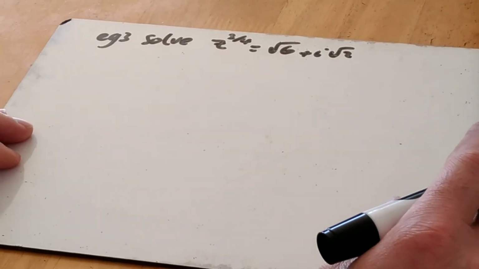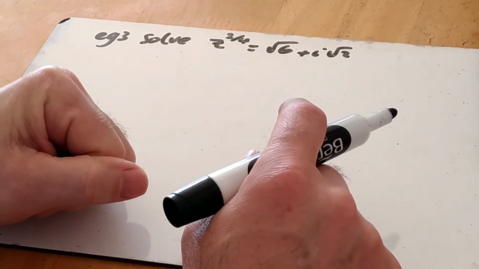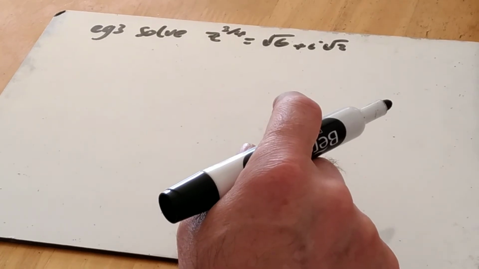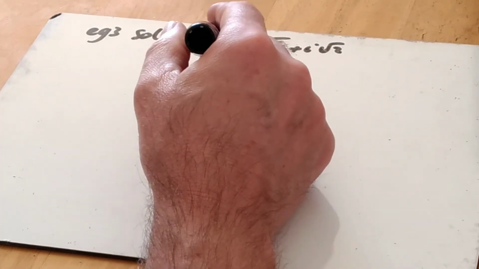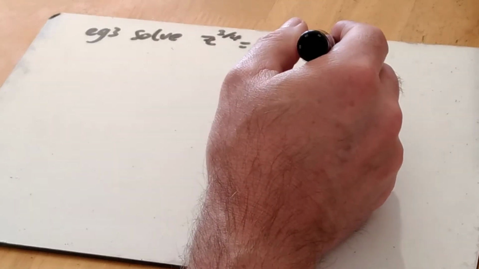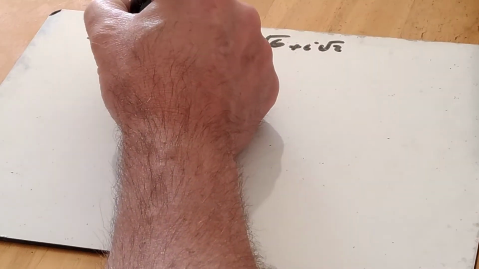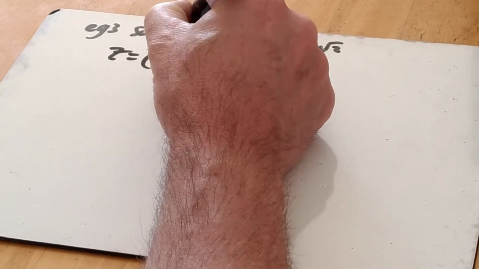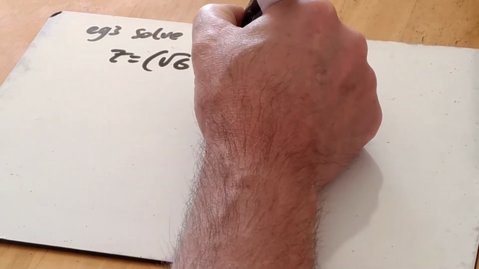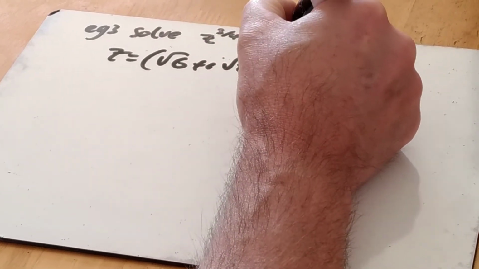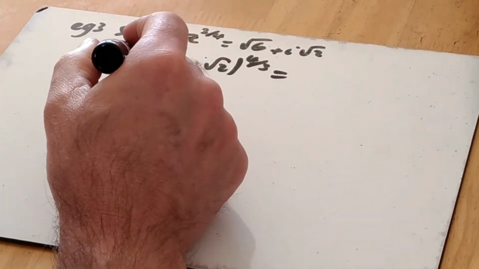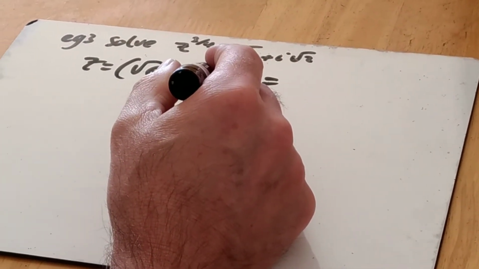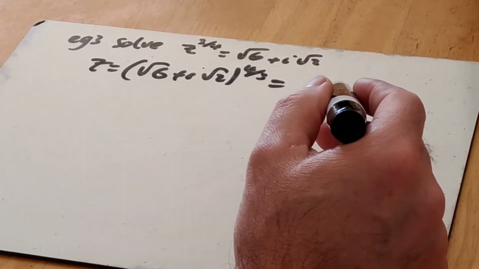We can also deal with fractional powers, so not just 1/3, 1/4, but we can solve equations like this. So z to the power 3/4 equals this thing here, so z will equal whatever root 6 plus i root 2 is to the power 4/3. And as before, I need to take this complex number here and deal with its modulus and argument form.